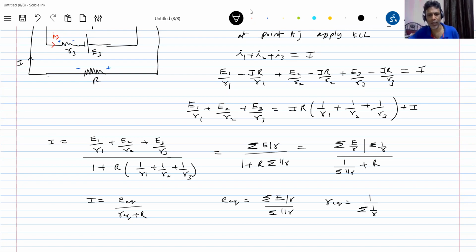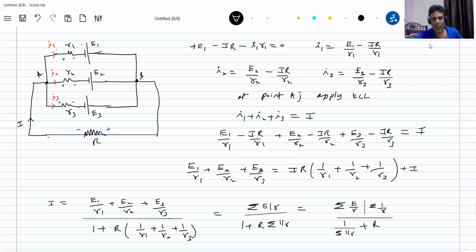Now one doubt will come: sir, you took the polarity of all to be the same, no? The right terminal is positive. You look at the polarity of all the cells. All the positive terminals are connected to point B. What will happen if the polarities are different? Yes, we can manage.